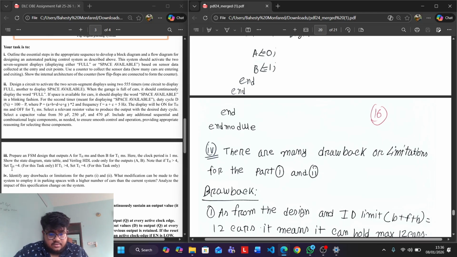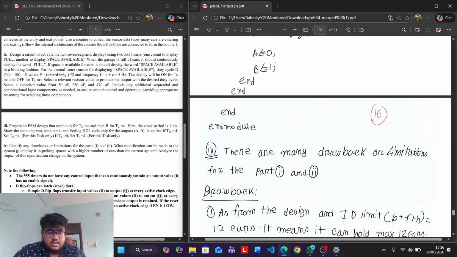So the last topic was to identify the drawbacks or limitations of parts 1 and 2, what modification can be made to the system when there is a higher number of cars, and analyze the impact.